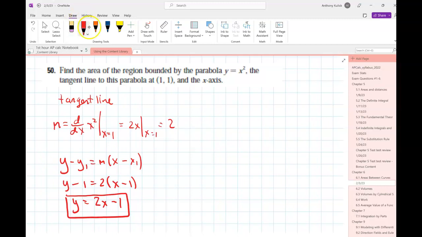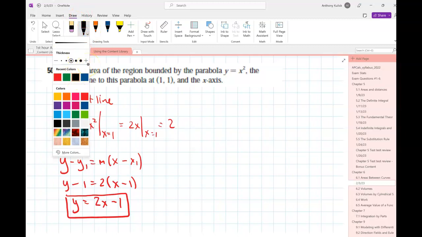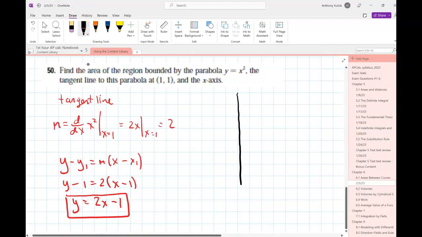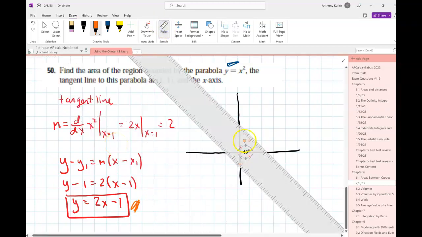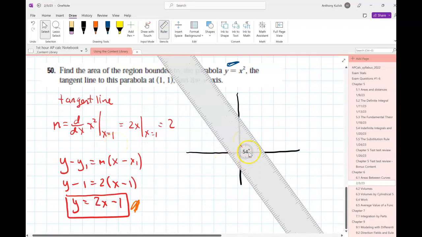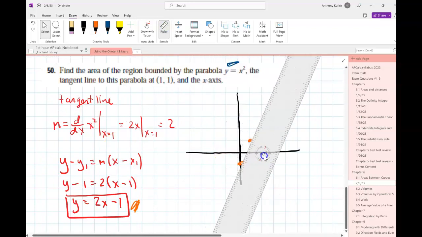So if I wanted to sketch a little picture of my graph, we'll do the tangent line in orange, and we'll do the parabola there in blue. Everybody's good with me not needing to generate points to do that, right? So 0, -1, and then we'll go 1 over and 2 up. Grab the ruler function here, get a nice straight line.